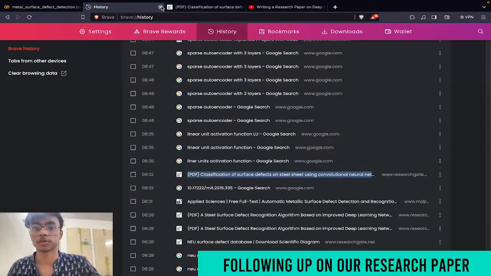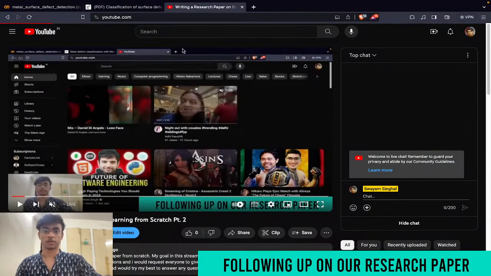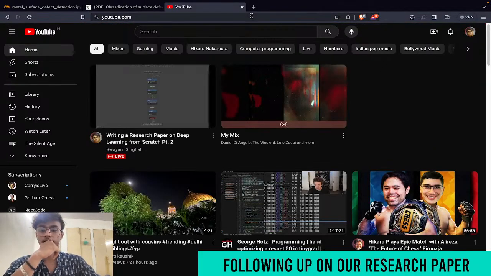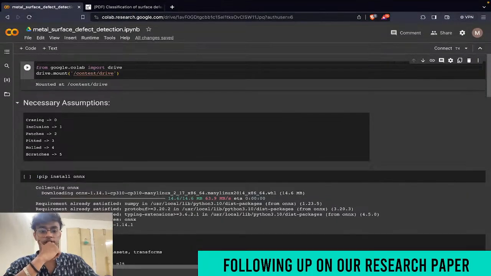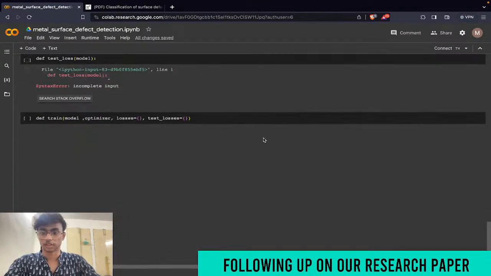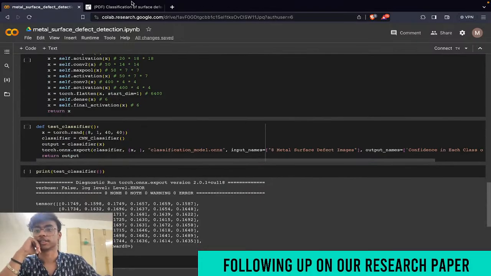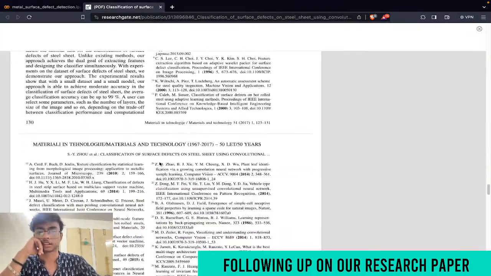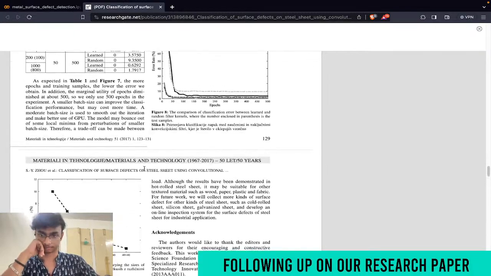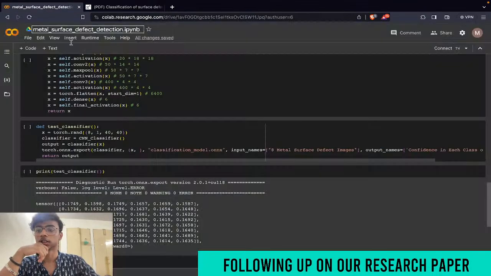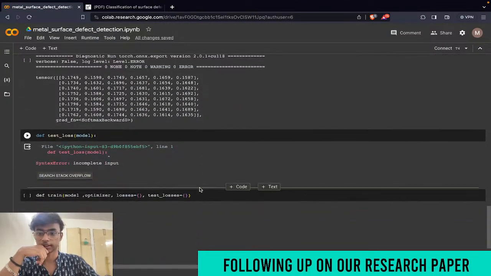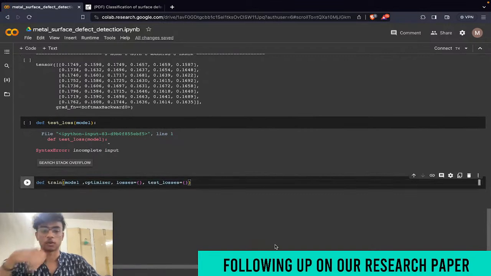So today I'll not waste too much time talking and going off topic. My goal is strictly to complete the work we have started. As you can see in the previous paper, you must be able to see it in the thumbnail, we created a basic classification model copied from this research paper, and we'll train it using the normal training technique, conventional back propagation. If anyone has a doubt, they can ask me and I'll try to answer it.